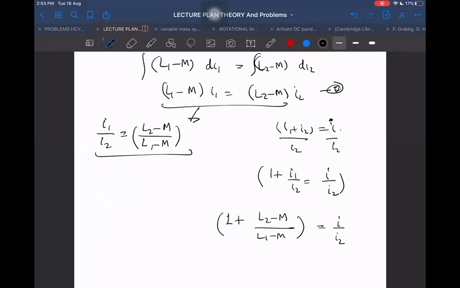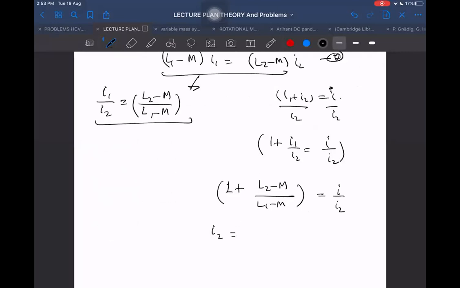So what is I2 coming out at last? I2 comes out to L1 minus M into I divided by L1 plus L2 minus 2M. You are right, this is I2.